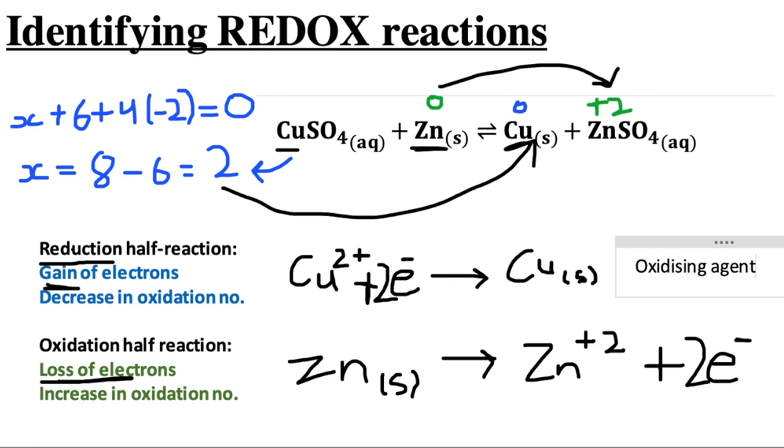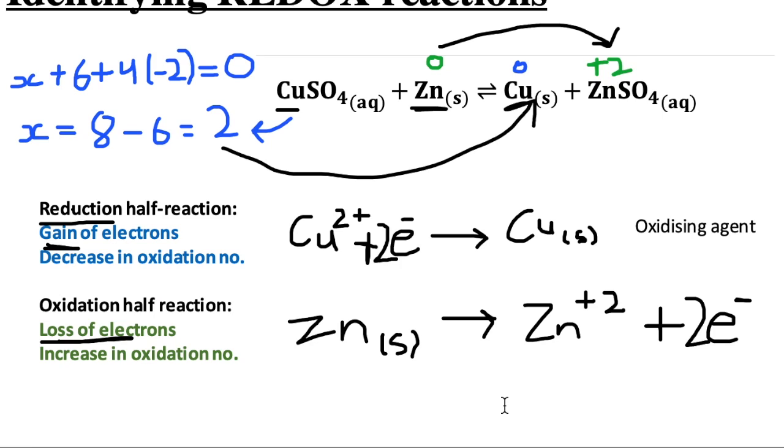And zinc is where the oxidation takes place. Zinc loses electrons, so copper can have them. Zinc oxidizes itself to reduce copper. So zinc is the reducing agent.